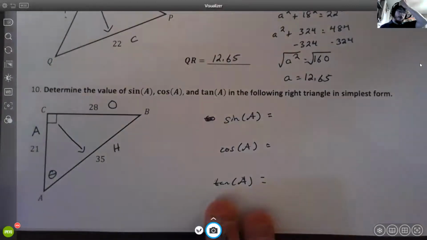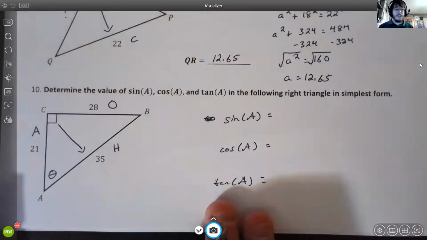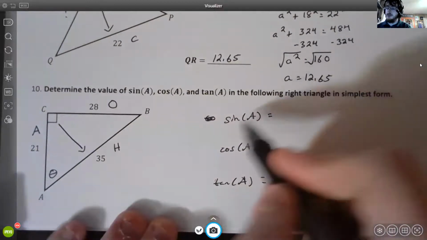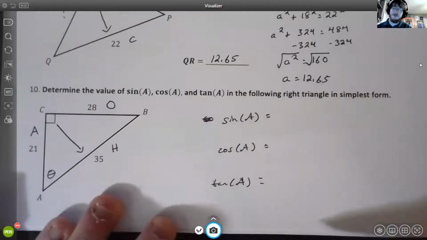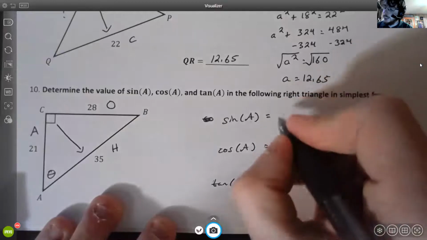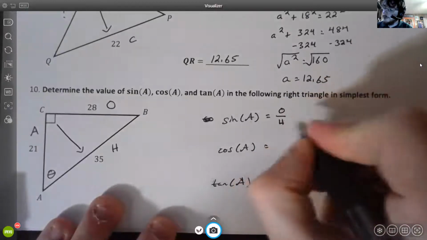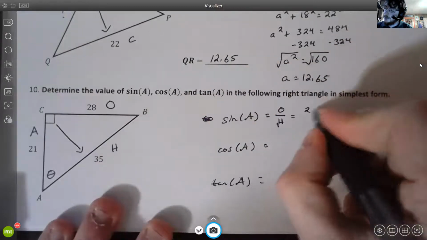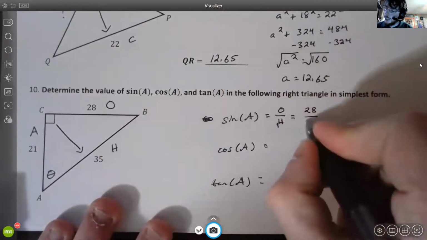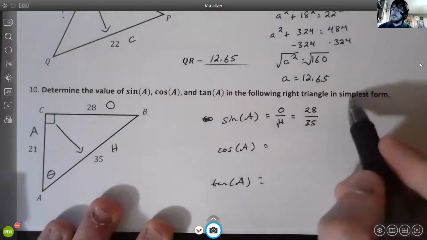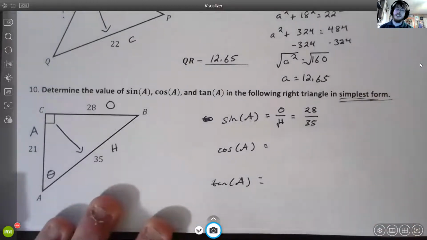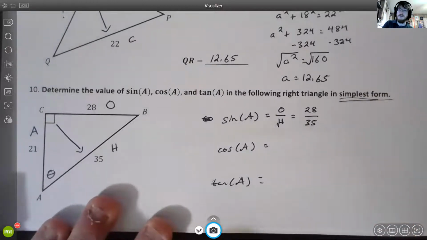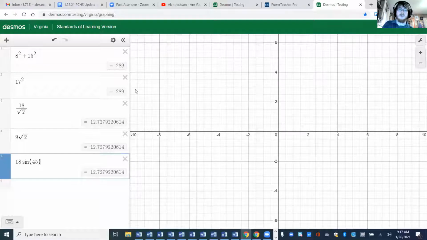So next up, we have our three sides labeled, so now we can do our sine, cosine, and tangent. Sine is defined as O over H. So in this case, O is 28, H is 35, and it says in simplest form, so we need to see if those fractions will simplify. I'm going to show you this first one here.